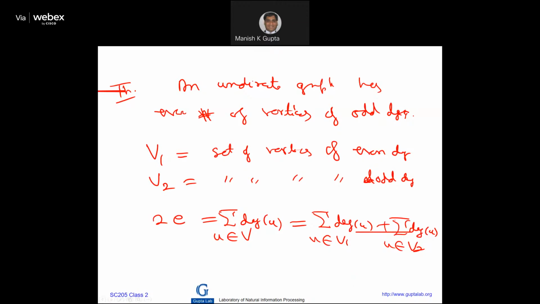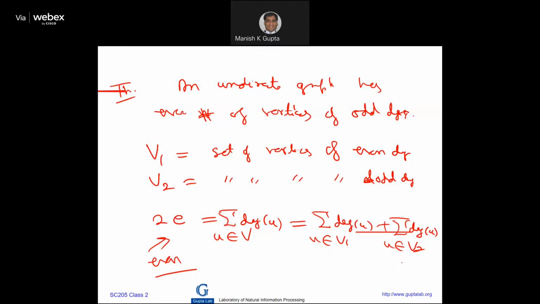Now the degree of U is even on this side, so this side is even. If this side is even, then the sum is even on the right hand side, right? Now V1 is the set of, this whole thing is even actually.